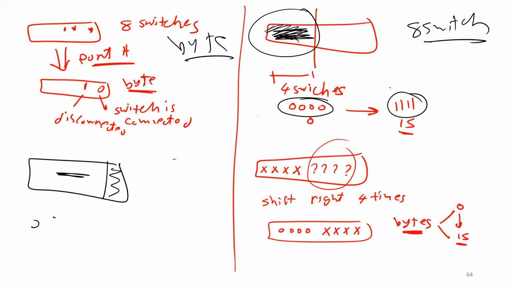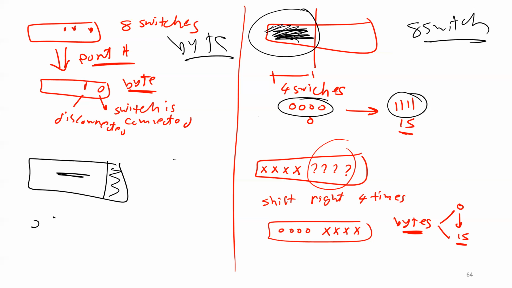If the user enters 1, 1, 1, 1, that means it's 15. So I'm going to use the last 4 switches to enable the user to give me a binary number from 0 to 15, right? And then I'm going to use this number to do something, okay?